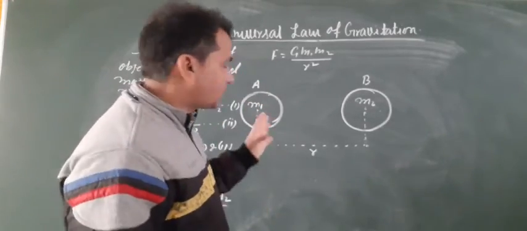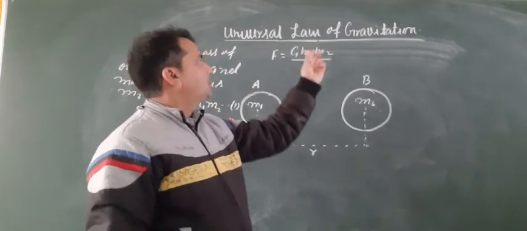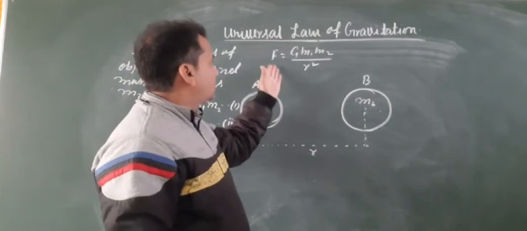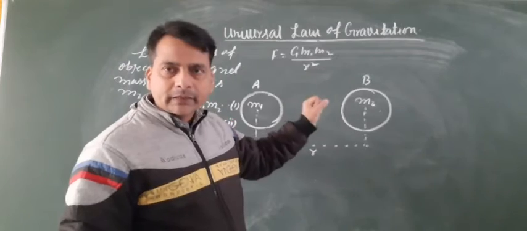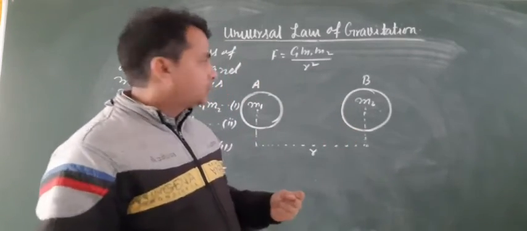So the gravitational force depends on two conditions: first, the masses of the objects, and second, it is inversely proportional to the square of the distance between their centers.